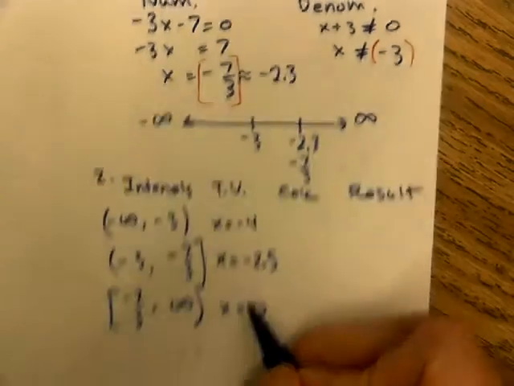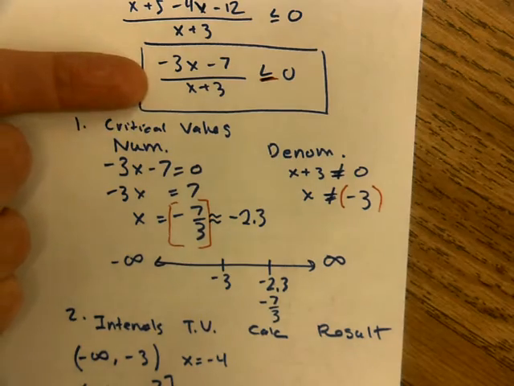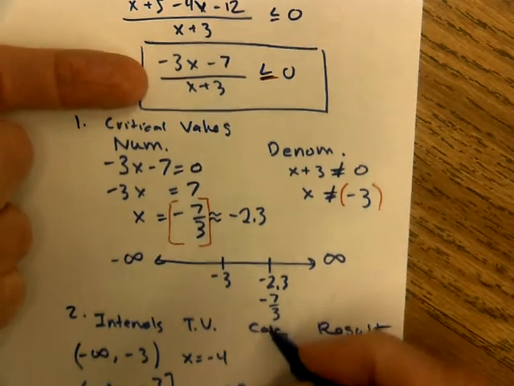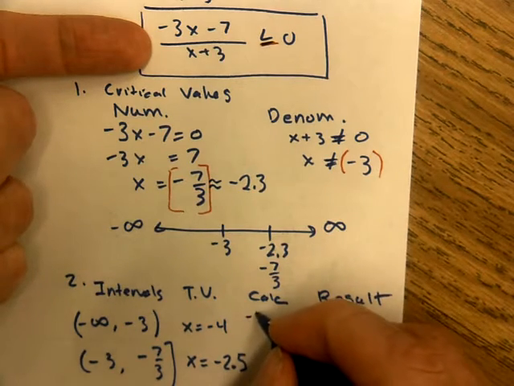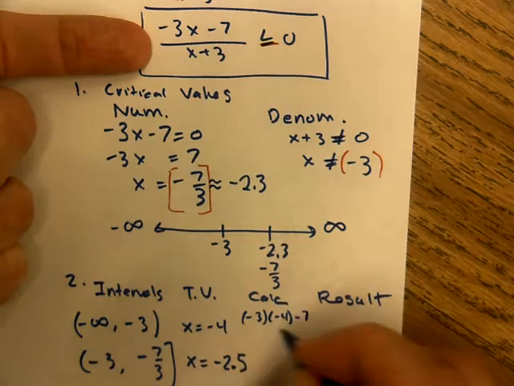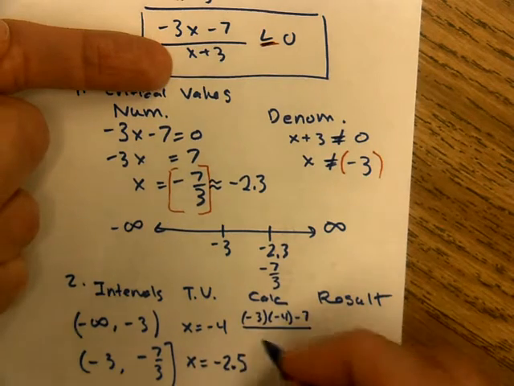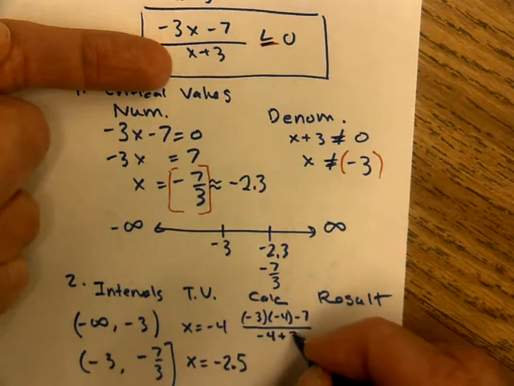So we're going to take each of these test values and plug them back into this inequality right here. So let's see if I can fit this on the screen. So for example, we will have a -3 times the input of -4 minus 7, all divided by, here's my input of -4 plus 3.